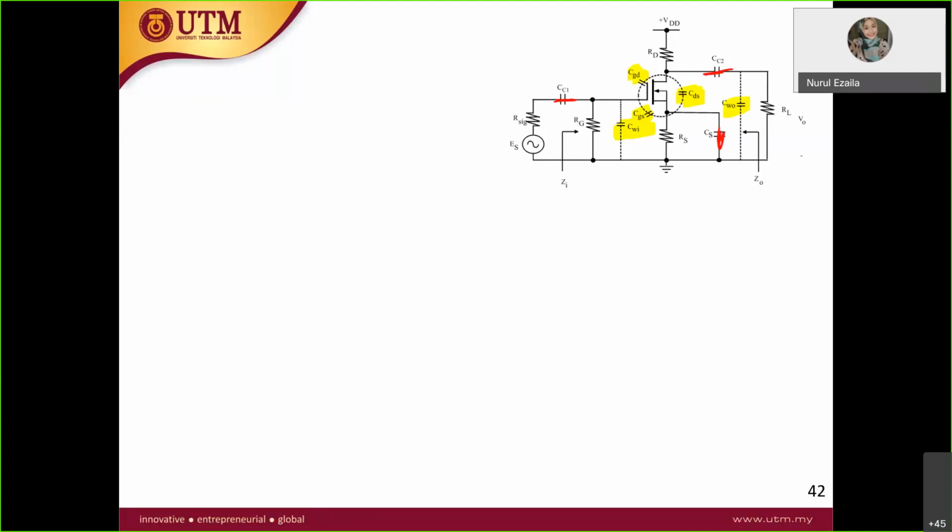So let's draw the AC equivalent circuit for high frequency. If you draw again, let's go from input to output. You have GM VGS at the center.